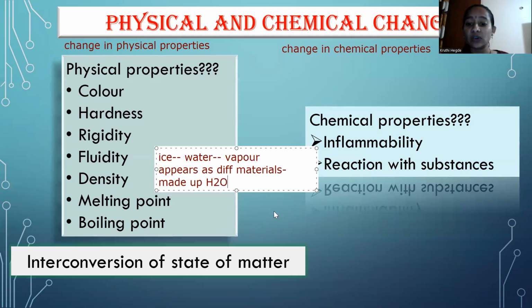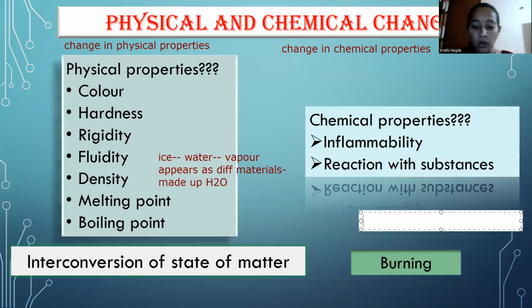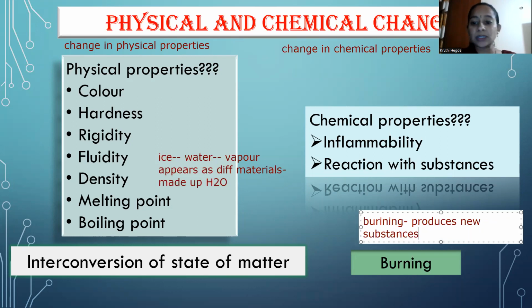Whereas burning is considered a chemical change. Why is burning considered a chemical change? Because during burning, it produces new substances. When new substances get formed and there is definitely a chemical reaction, then it's called a chemical change.